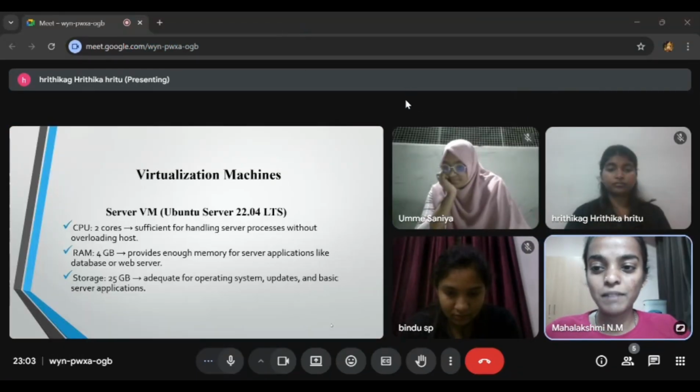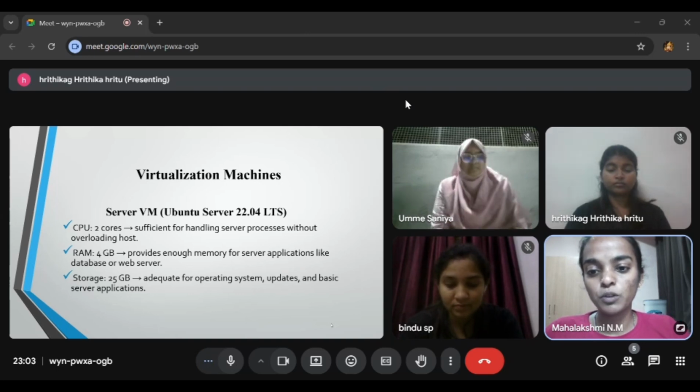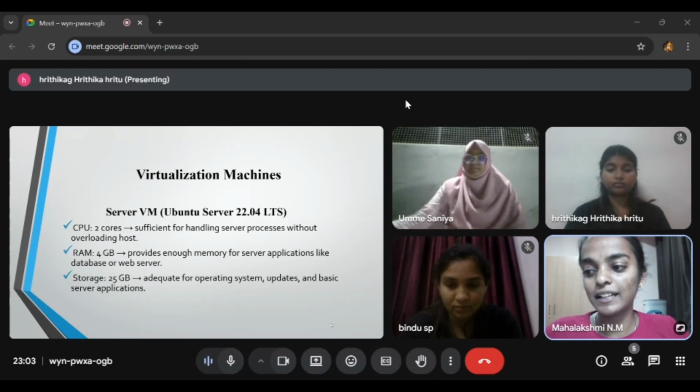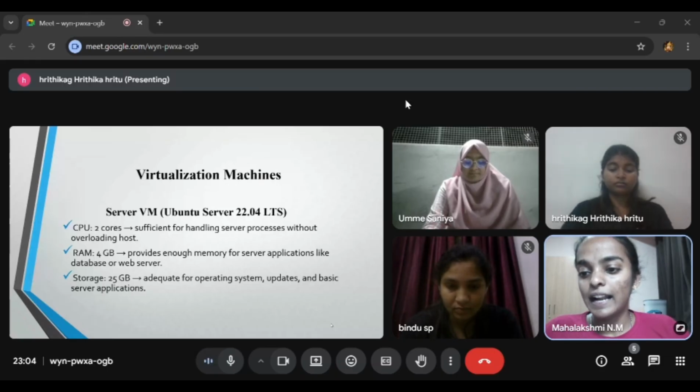Hello everyone, myself Mahalakshmi. I am here to explain about the virtual machines. Server: Ubuntu Server 22.04 LTS. CPU is two cores, assigned to handle backend processes like database, web services and APIs without overloading the host machine. RAM provides sufficient memory for running service apps like MySQL, which we use.